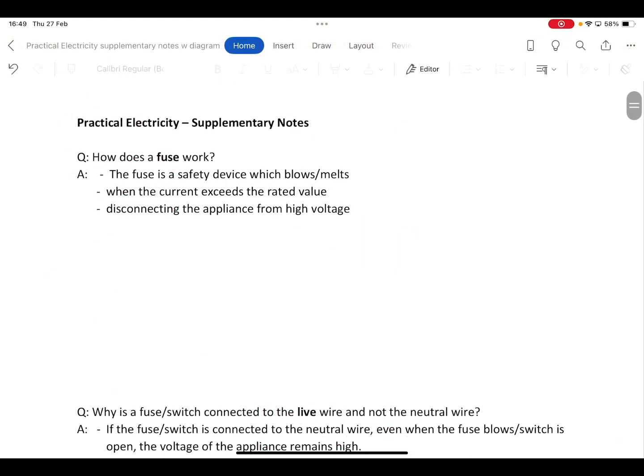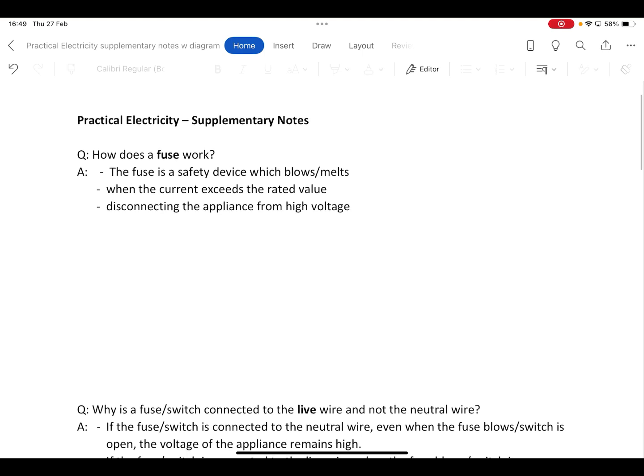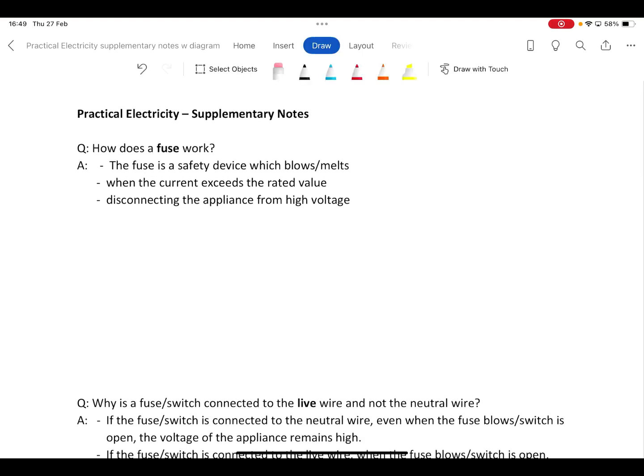Now the fuse. I have a fuse here. It's made up of two metal caps, let me draw it first, and a fuse wire in between. From the outside, what you will see is just a cylinder with a metal casing, and there will be a fuse rating written there.